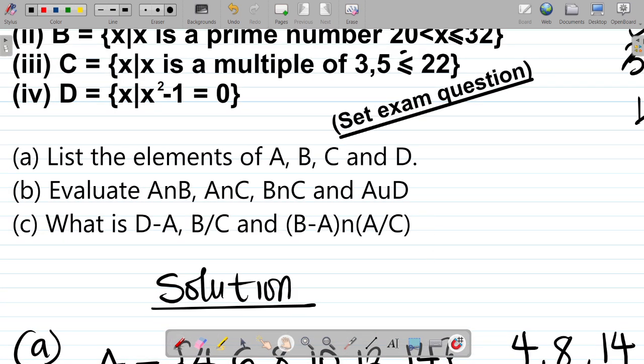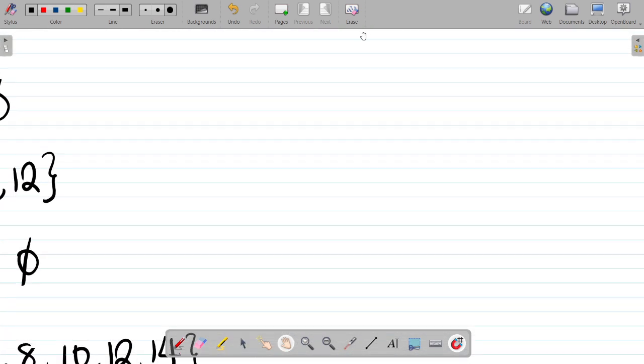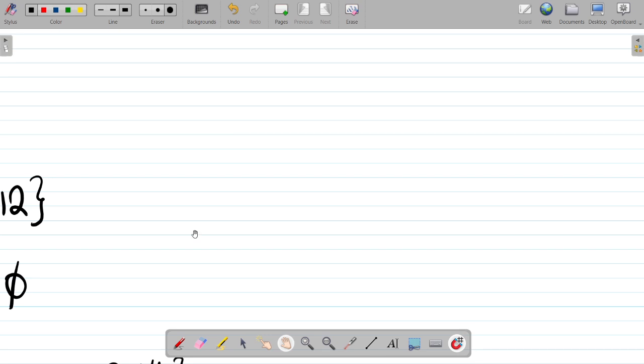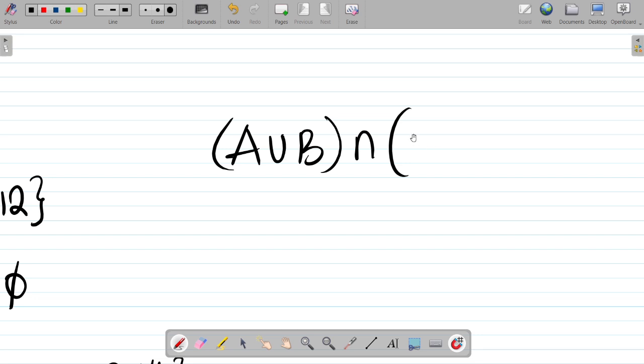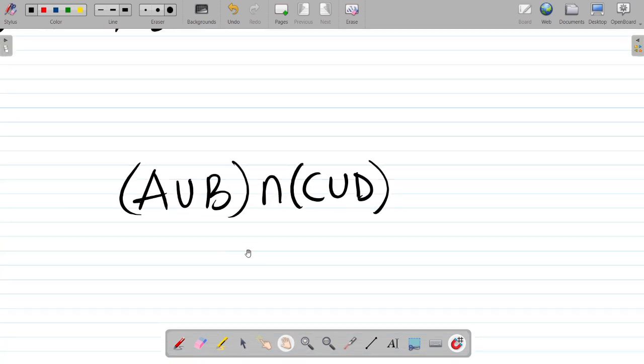What if we have A union B intersection C union D? What do you think will be the answer to this question? Leave your answer in the comment section.